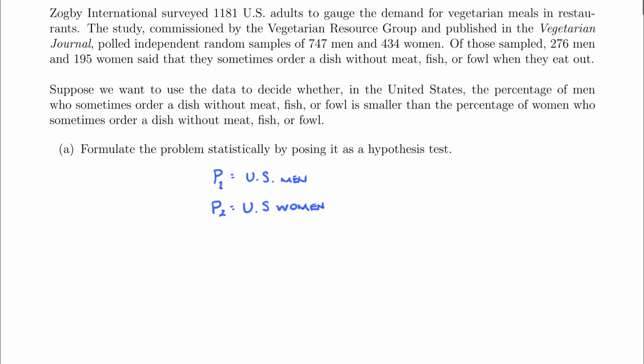Here, little p sub 1 is the proportion of U.S. men who order vegetarian. And then little p sub 2 is going to be the proportion of U.S. women who order vegetarian.